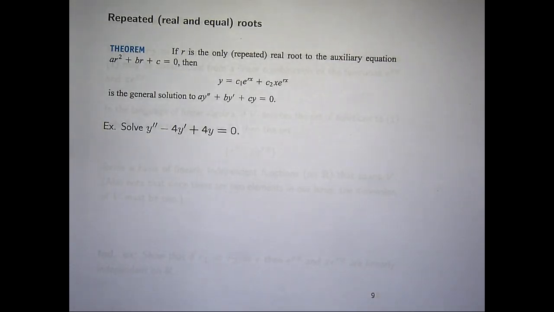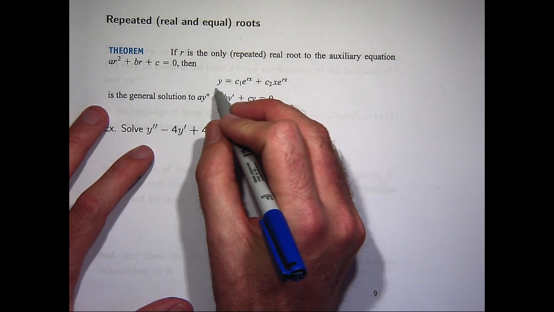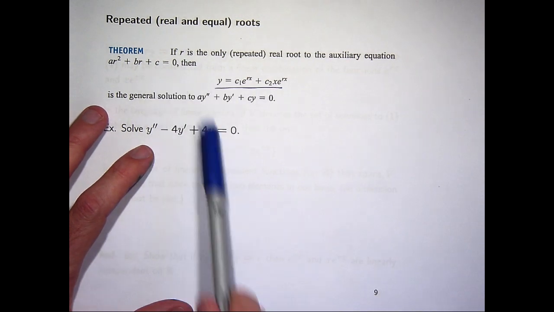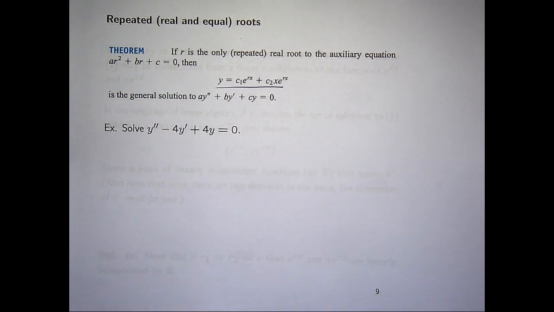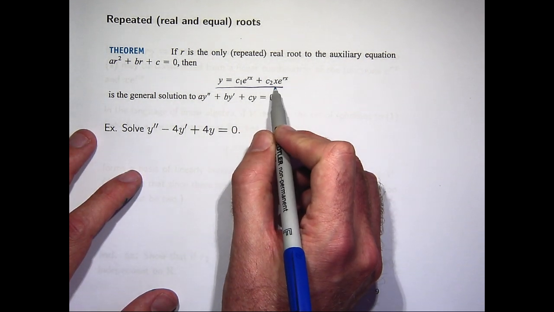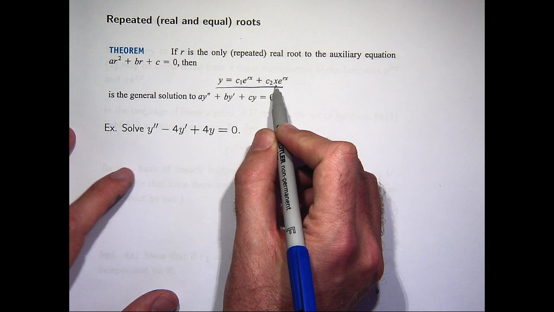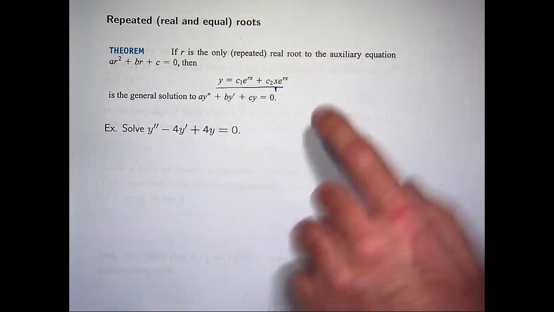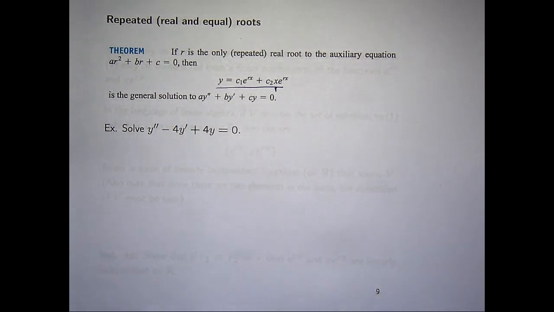Okay, what happens if we solve our characteristic equation and we get repeated roots, real and repeated roots? Well, the following theorem covers that case. In that case, we've only got one root, say r. It's almost a linear combination of exponentials, but note you've got this extra factor of x in one of the terms.